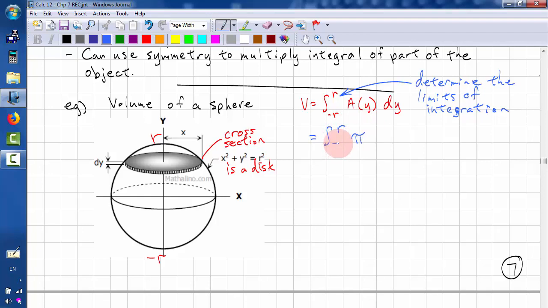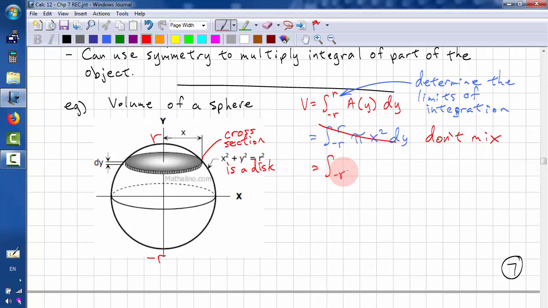This is what we think, but we don't write it down. It's like our substitution. We don't want to mix our u's with our x's, so we don't want to mix our x's with our y's. So don't mix. But we do want to think about what we're doing here.